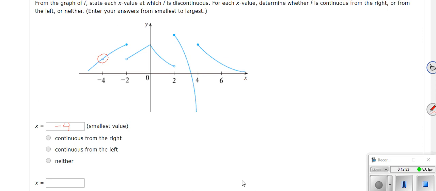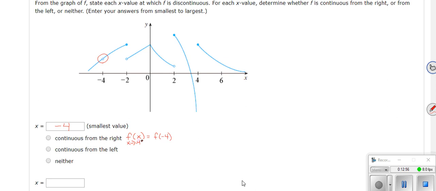Now remember, in order for something to be continuous from the right, let me just write this. This would mean that f of x, as x approaches -4 from the right, that's a plus, would have to equal f of -4.